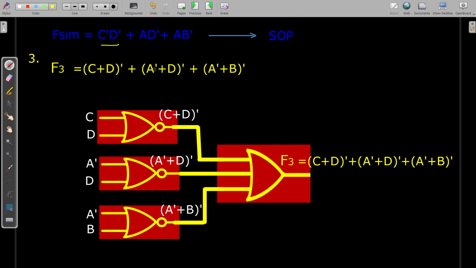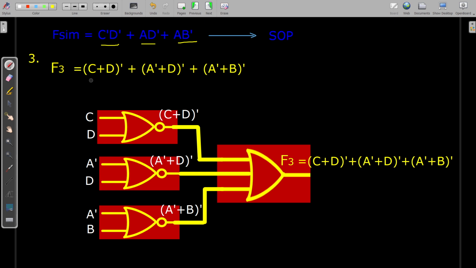And for this term we are applying De Morgan, so you get (A' plus D) the whole dash, and for this we are applying, so it becomes (A' plus B) the whole dash. In between, the plus sign is there already, we didn't disturb it.